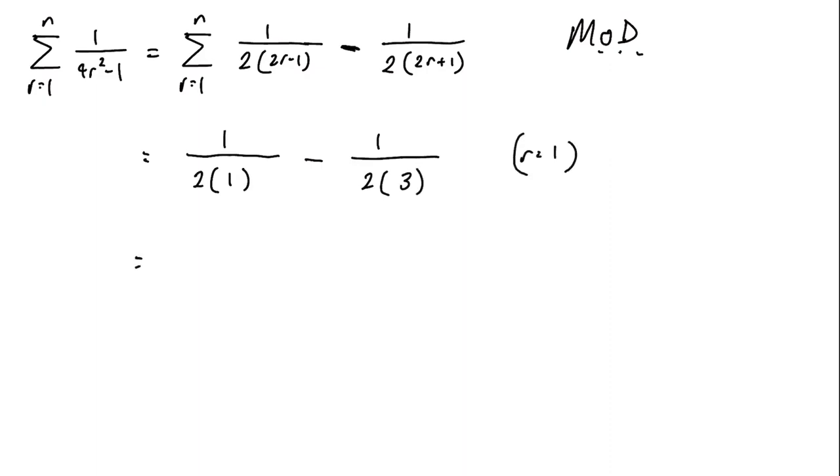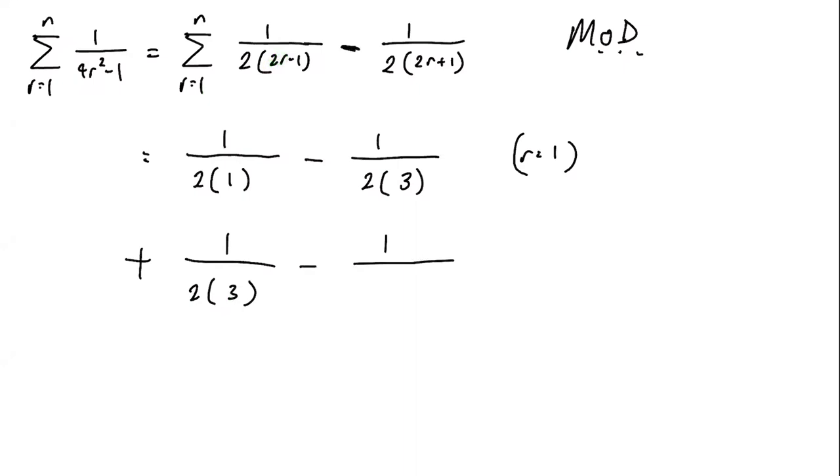Next, plus 1 over 2 times. In this case, if I increase my r by 1, I will end up with an extra 2. So that means this has to add on a 2. So it becomes a 3. Alternatively, you could just manually substitute in 2 times 2 is 4, minus 1, which is 3.